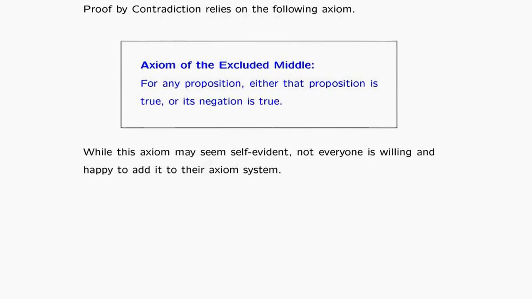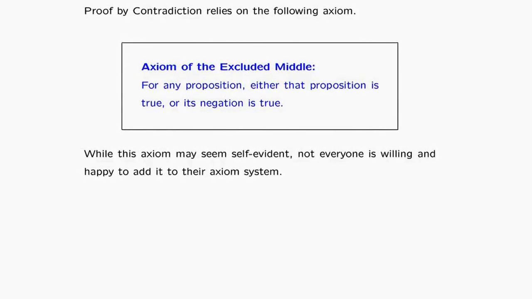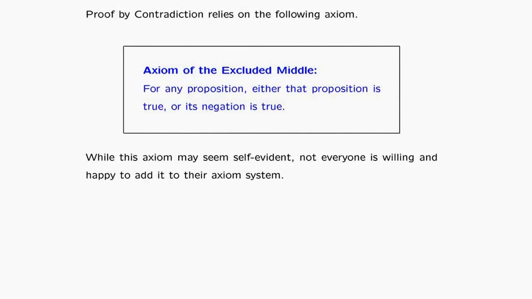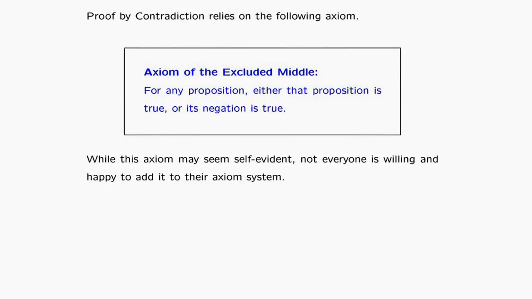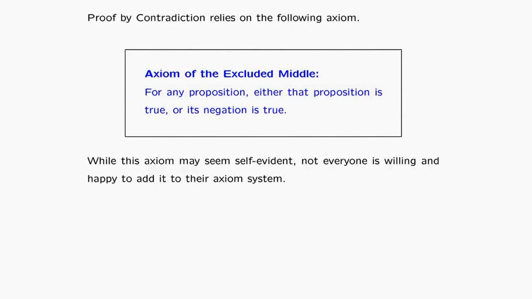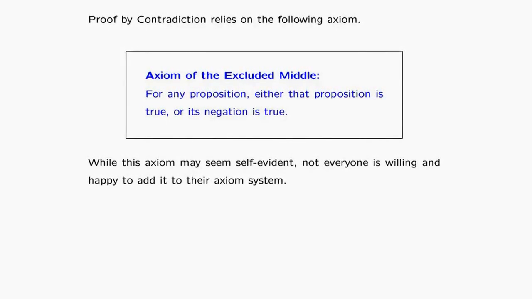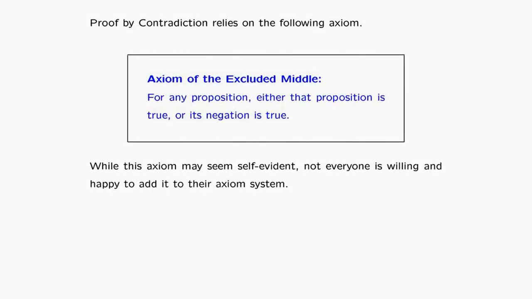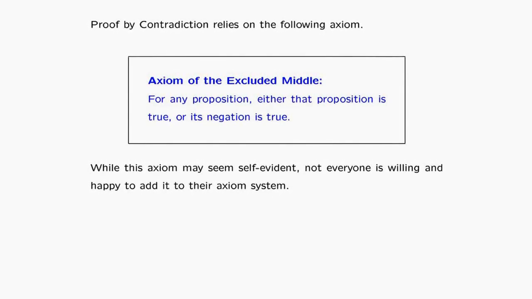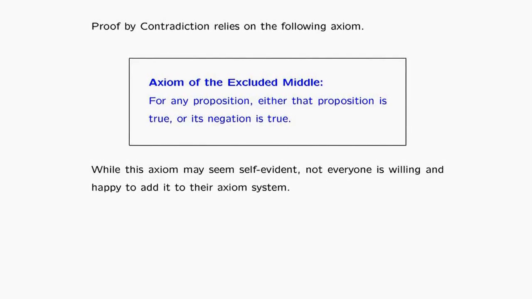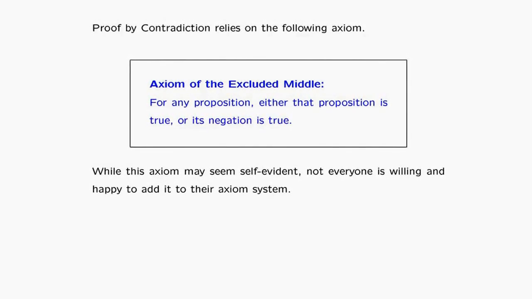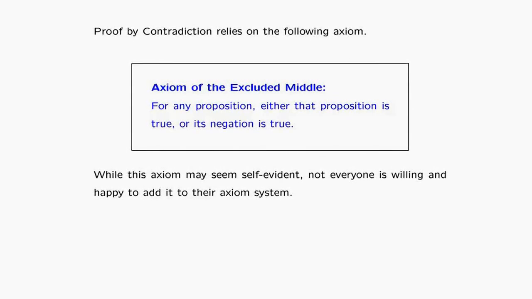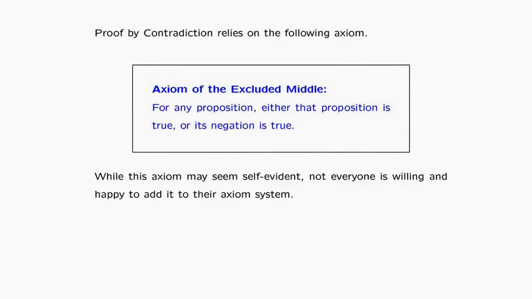Proof by contradiction relies on the following axiom: the axiom of the excluded middle, which says that for any proposition, either the proposition is true or its negation is true. While this axiom may seem self-evident, not everyone is willing and happy to add it to their axiom system.